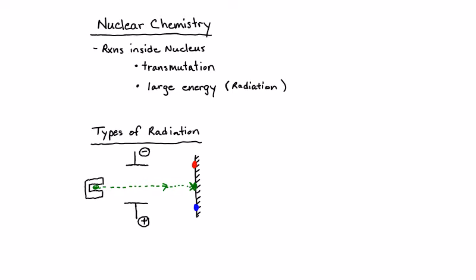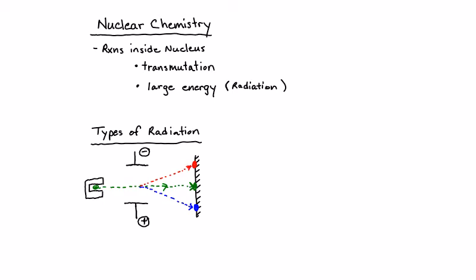Okay, and what winds up being the case here is that when we have the plates energized, some of the radiation is being pulled closer to the positively charged plate. So basically its trajectory is being bent. And then some material is being bent in the opposite direction.